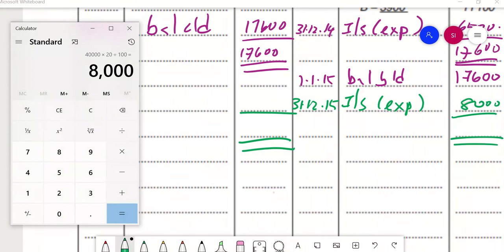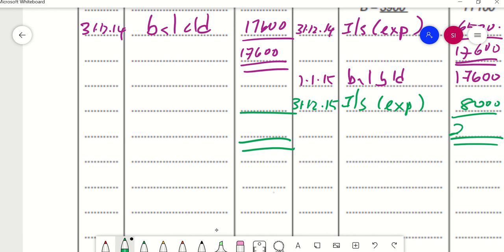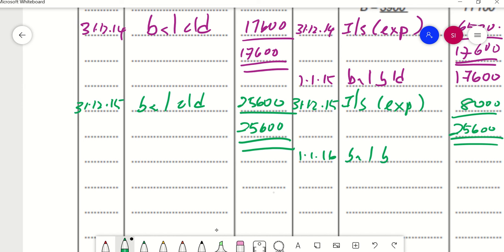Let's find the total, which is 8,000 plus 17,600, which gives you 25,600. Balance carried down 31st 12 2015, 1st of Jan 2016, balance brought down 25,600.